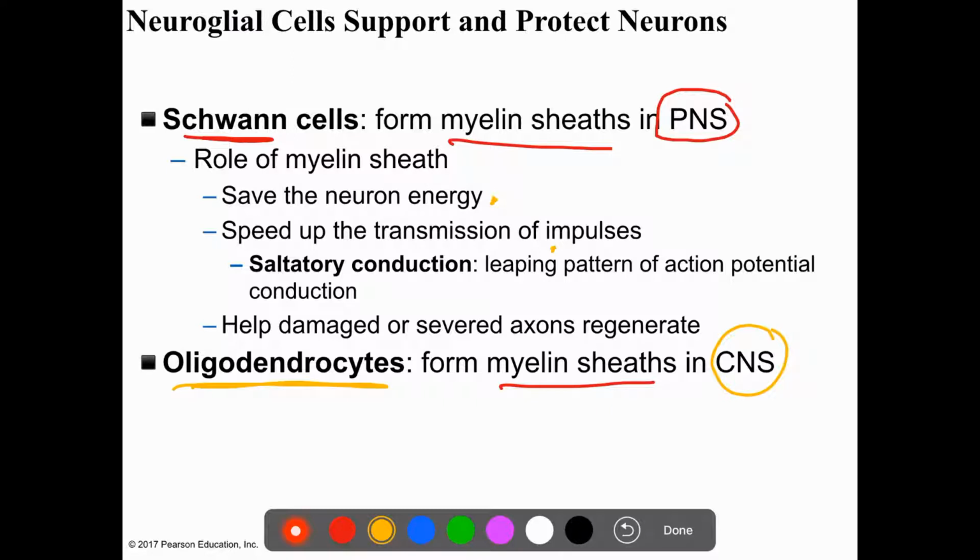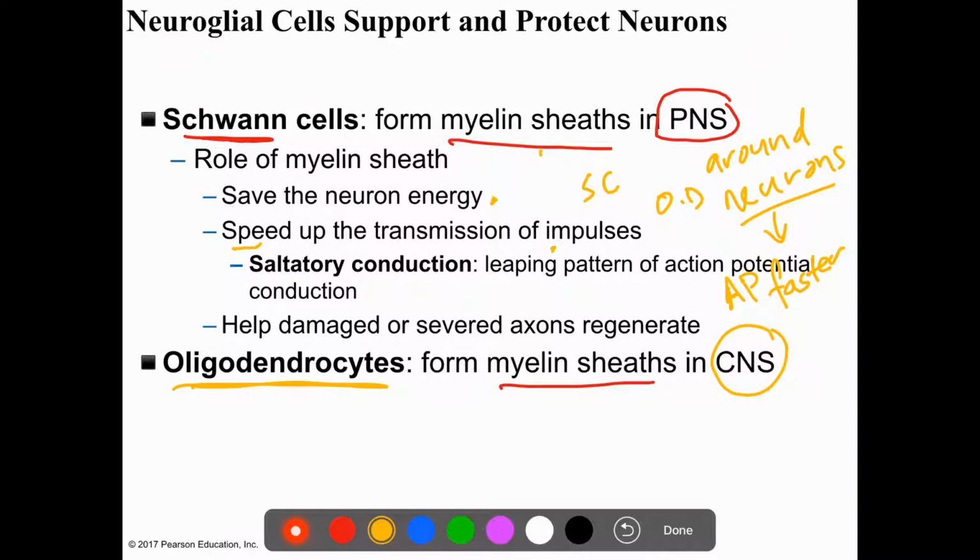It means that when Schwann cells or the oligodendrocytes are present around neurons, these neurons usually transmit the signal faster. The action potential is usually transmitted faster when there is myelin sheath. Okay, so they would speed up the transmission of impulses.